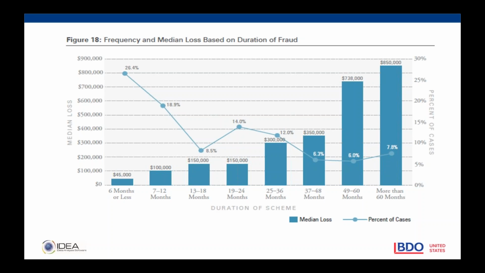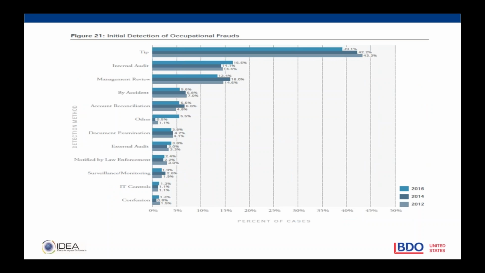So these things take a little while to build up, and they're not as frequent. The longer ones don't happen as often because maybe they've been caught along the way, but it just shows the frequency and duration.